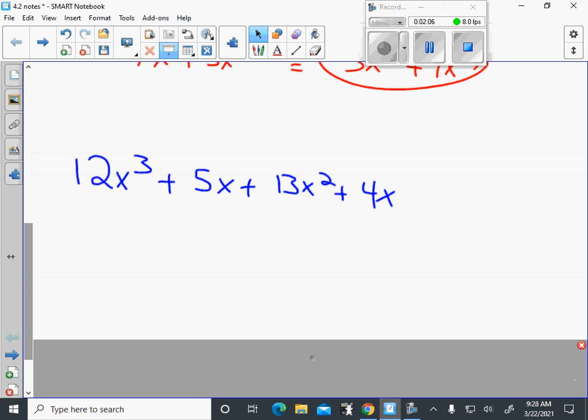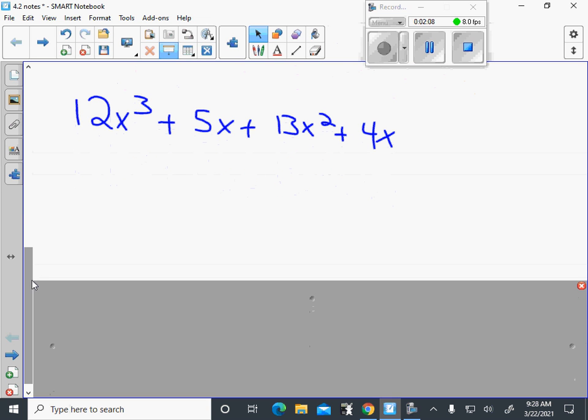All right, how about this one? Again, maybe circle your like terms. We have 12x to the third, or 12x cubed, plus 5x plus 13x squared plus 4x. All our like terms are the only things with just x: 5x and 4x.